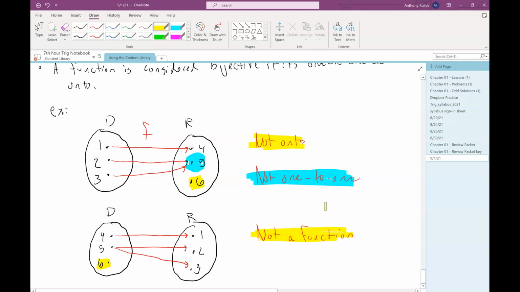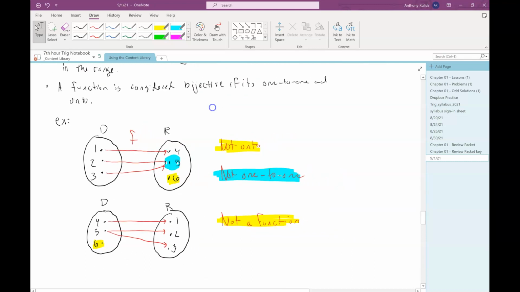Yes? Or can I just do the rest of the definition just a little bit? Sure. One reason it's not a function is because I have a domain that's not paired. Another reason it's not a function is because I have a domain that goes to 2 separate ranges.